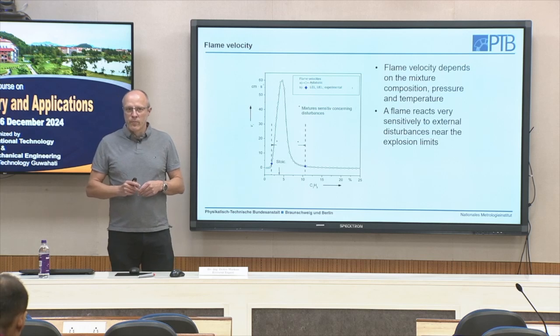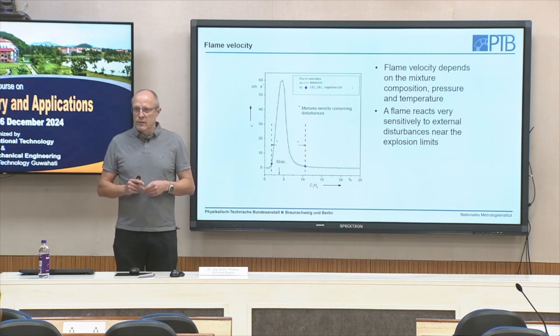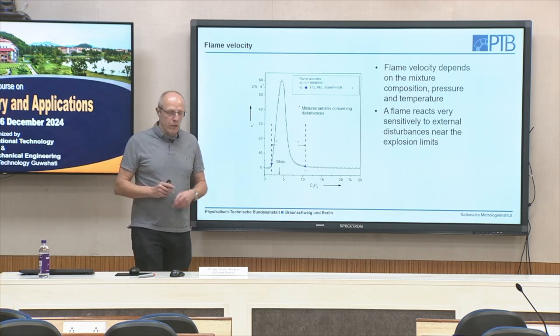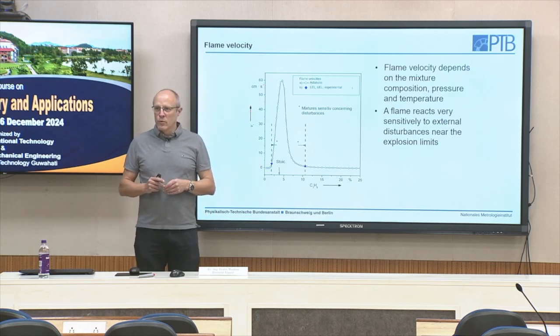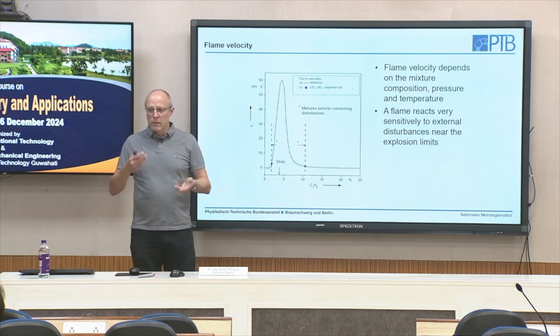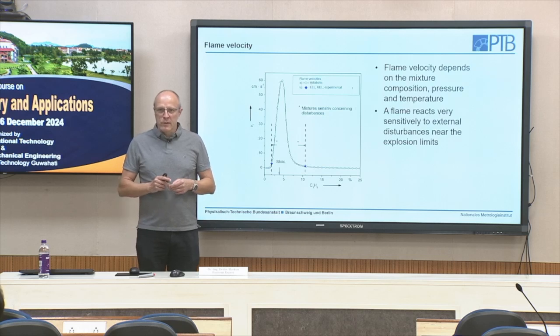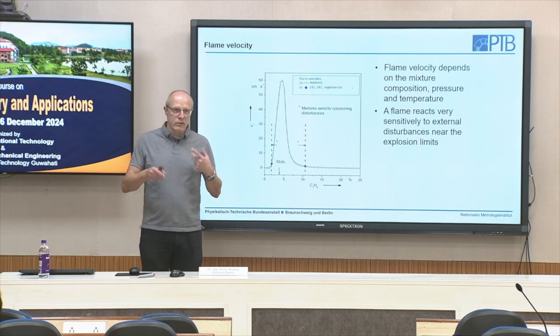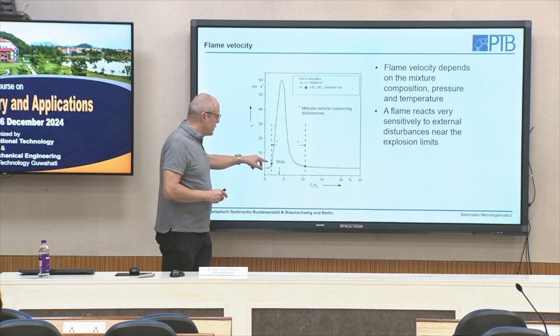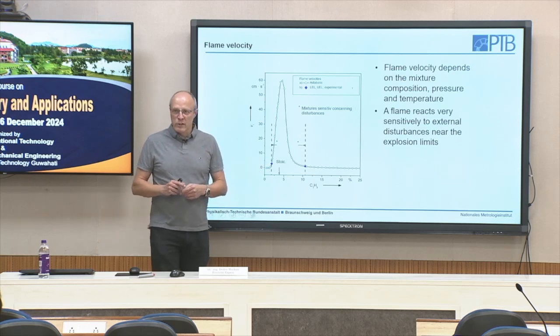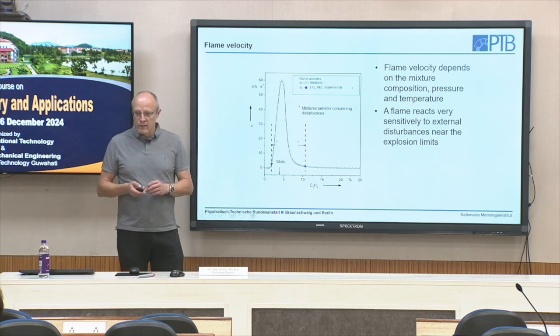Also radiation is very important here. In a stoichiometric flame, it also loses energy due to radiation, but it contributes only some percentage to the total energy balance. Here, in these very slow flames, it is very important and has to be considered.